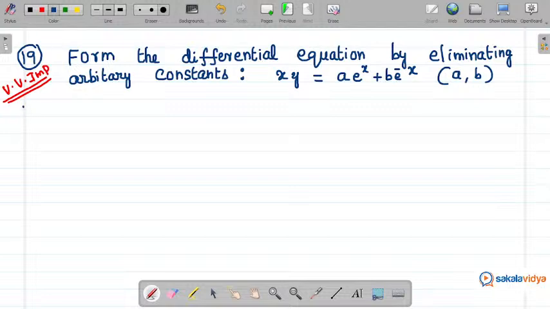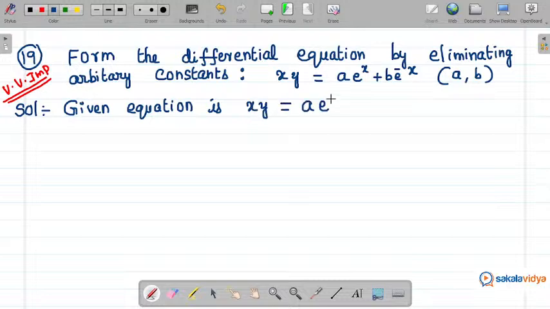So now the solution. The given equation is xy equal to a e power x plus b e power minus x. Say equation 1.